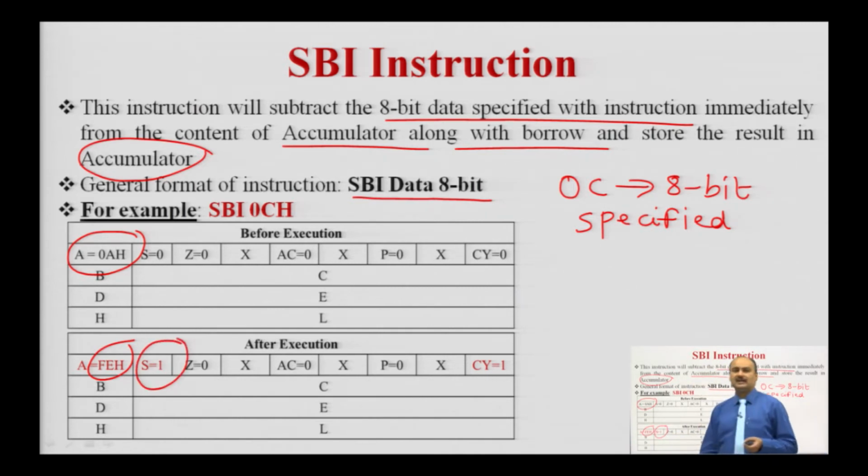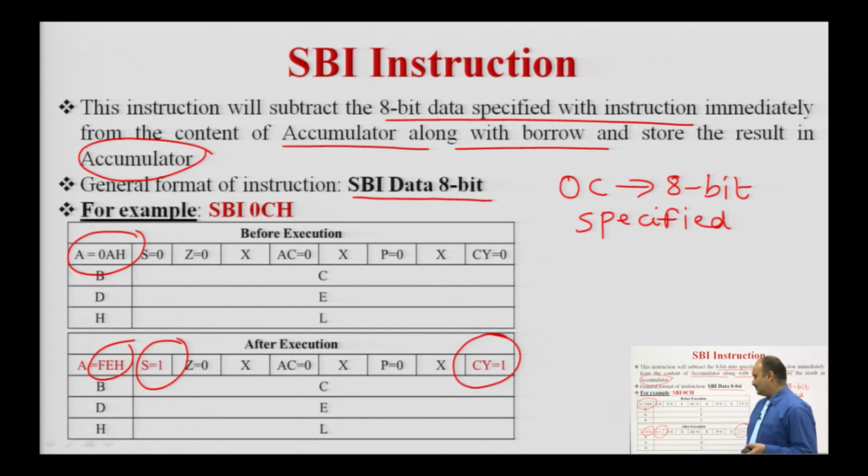Since the subtraction takes place through the borrow, the borrow flag or carry flag is set to 1 to indicate this, and after the execution of this instruction the result is stored back into the accumulator.